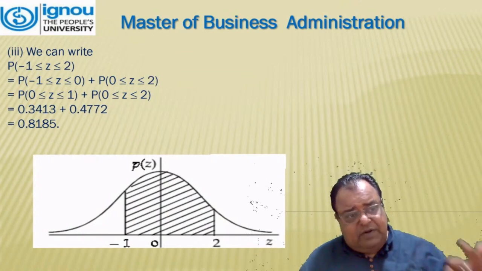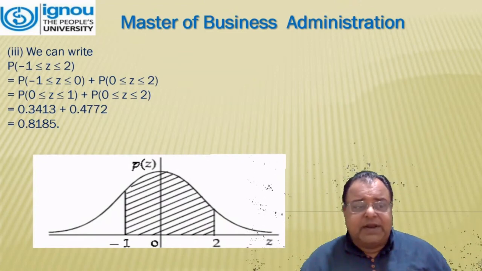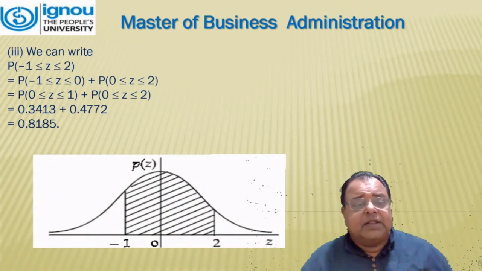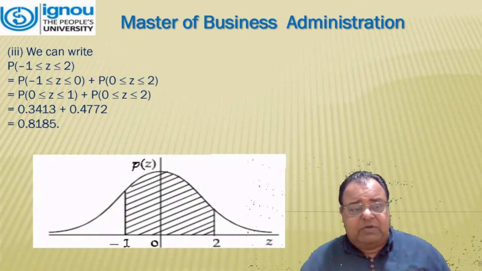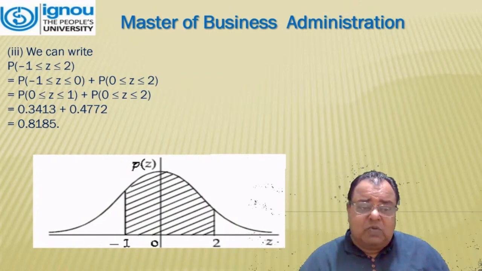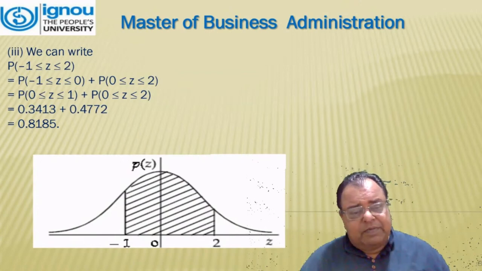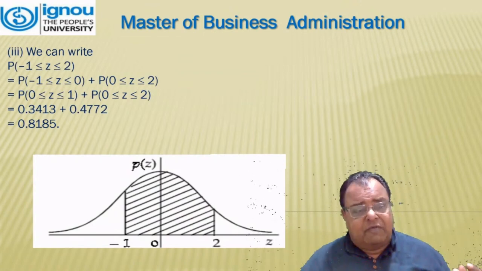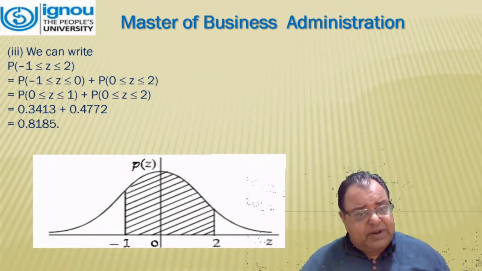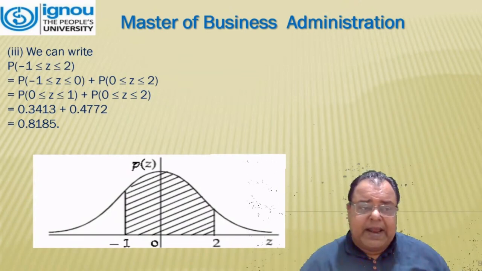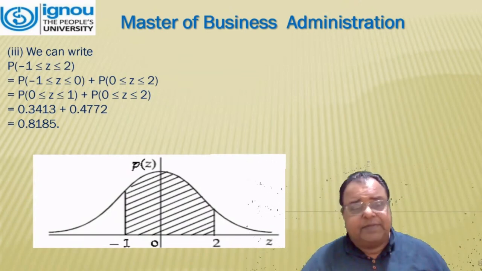Then comes conversion from -1 to the positive side. Because the graph is symmetrical, the numerical value does not change. That means probability 0 ≤ z ≤ 1 plus probability 0 ≤ z ≤ 2. Referring to the table, we get 0.3413 for 1 and 0.4772 for 2. We add them up and that will be our answer.